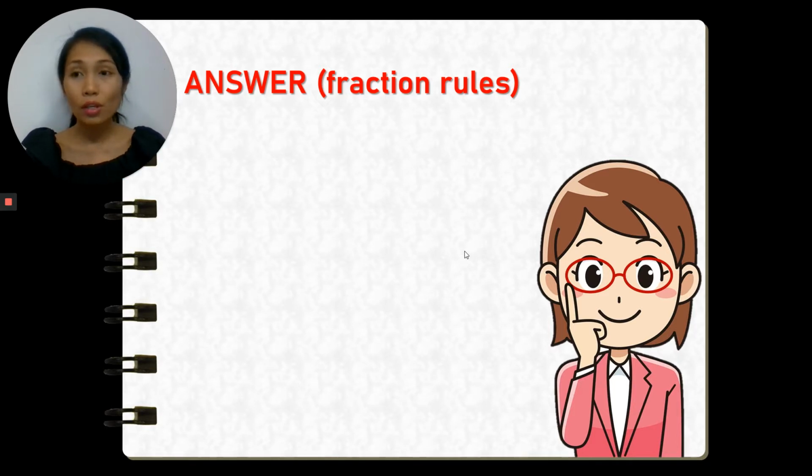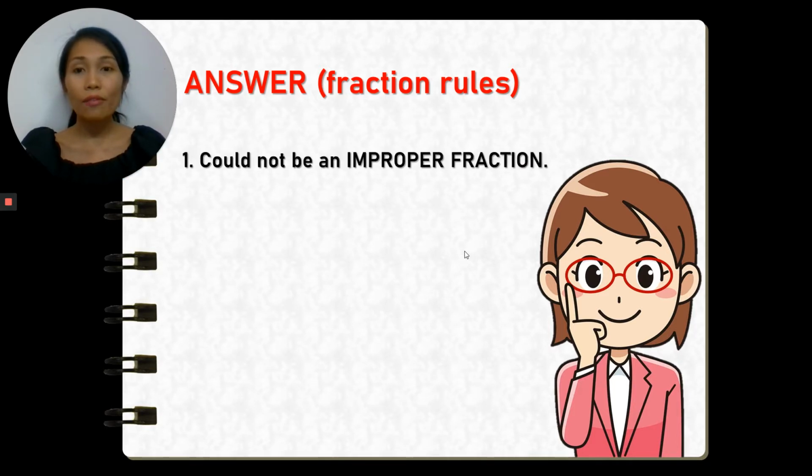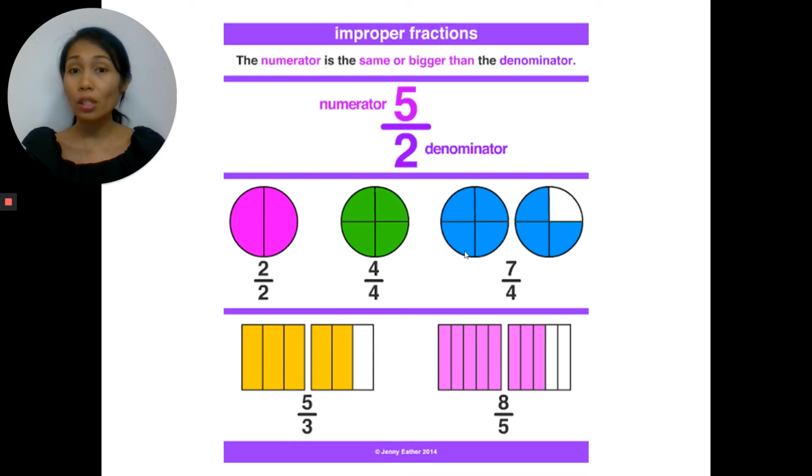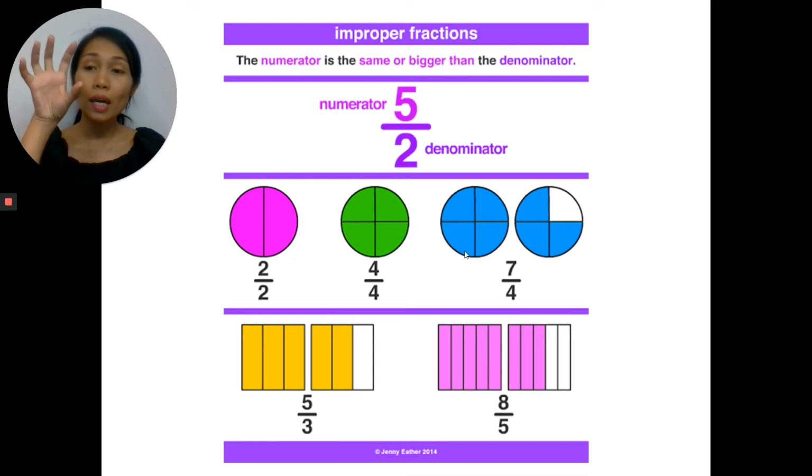If you got your answer, you have to check if it's an improper fraction or not. If it's an improper fraction, then that should not be your final answer because your answer cannot be an improper fraction. What is an improper fraction again? The numerator is bigger than the denominator. Then that is an improper fraction.